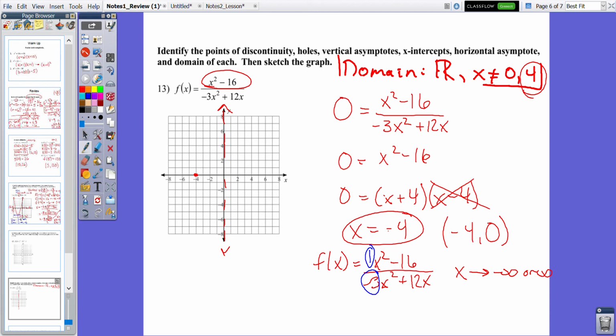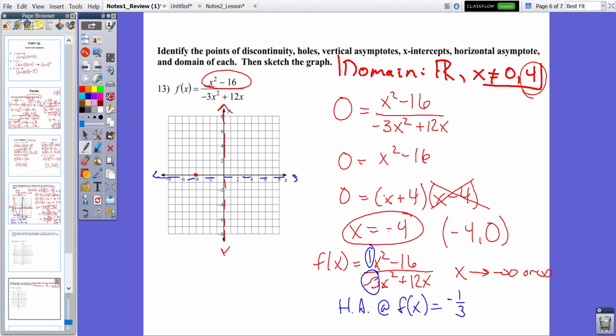Because I'm looking at 1 divided by negative 3, there's a horizontal asymptote at f of x, or y, equals negative 1/3. So there's going to be a horizontal line at negative 1/3. It's not going to be pretty, but there's my horizontal asymptote right there.